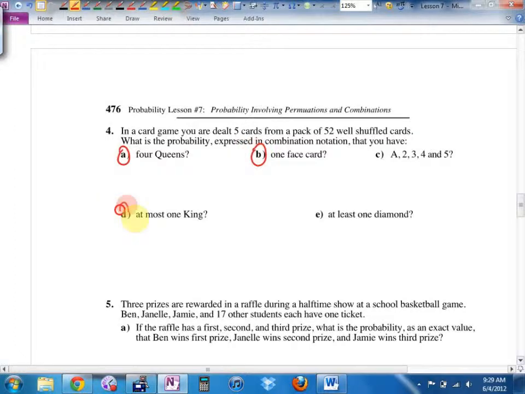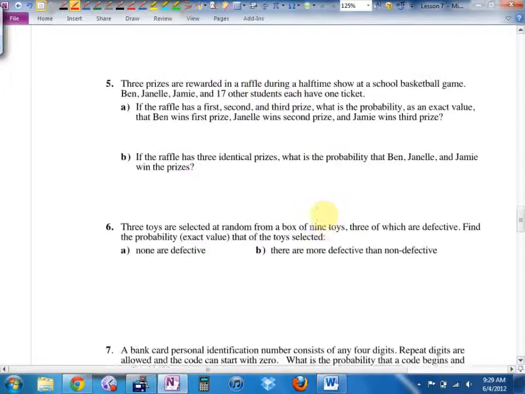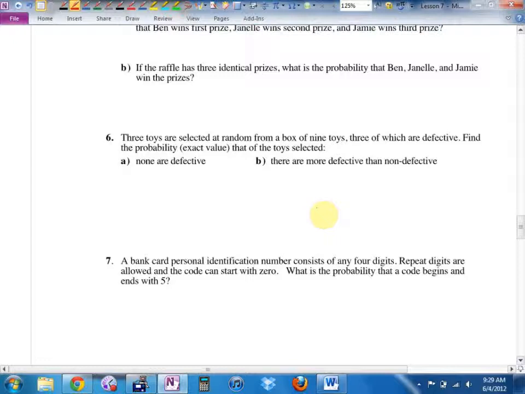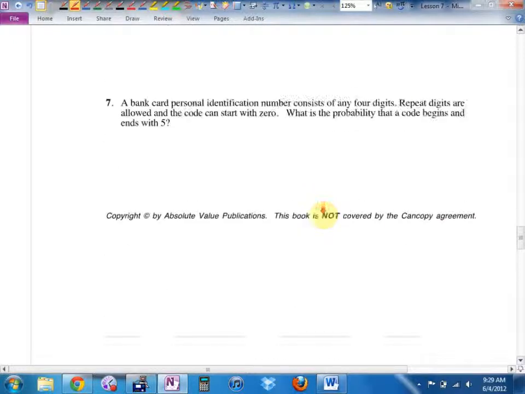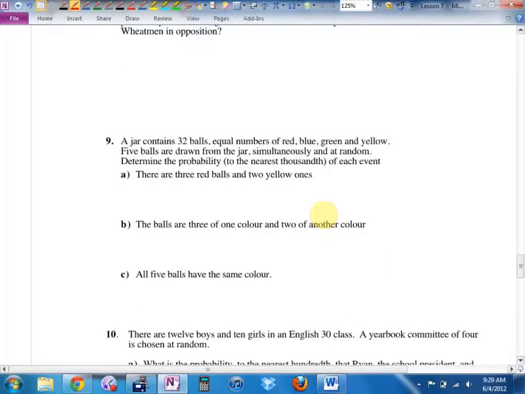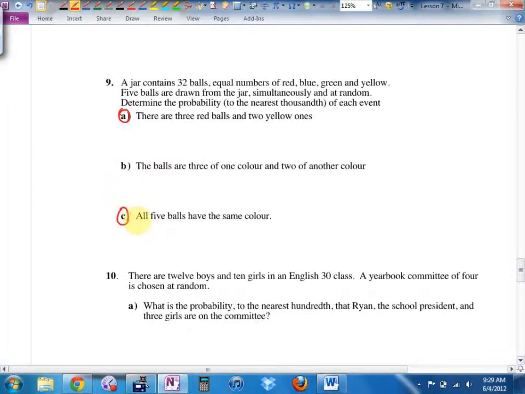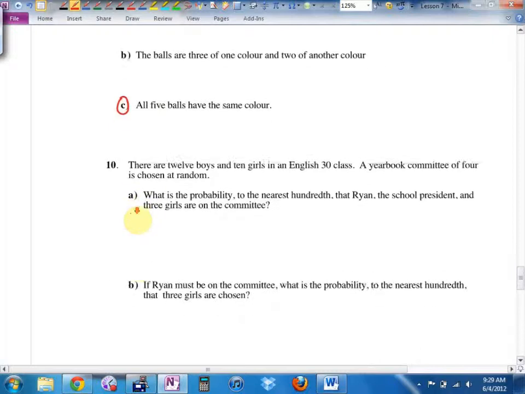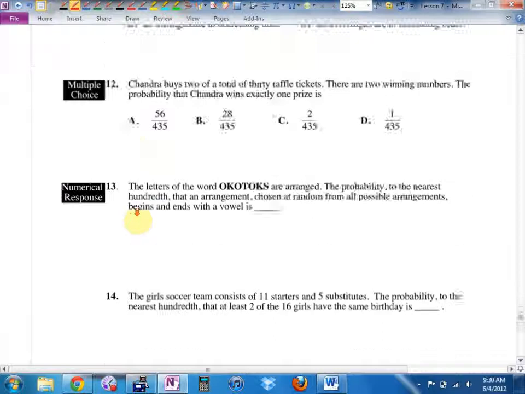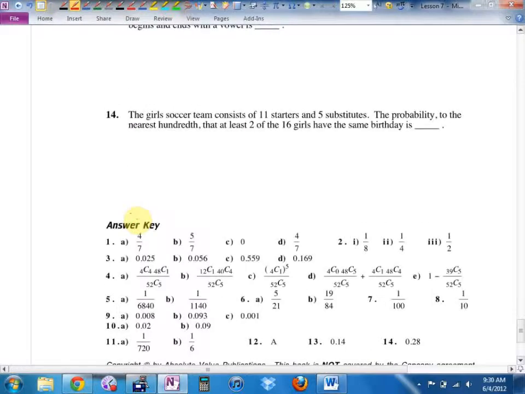Skip C. 4D is good. 4E is good. 9A, 9C, and we'll pause there.